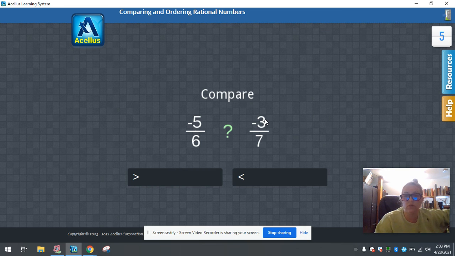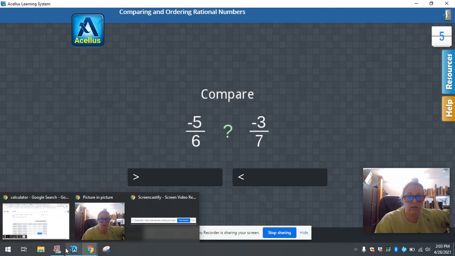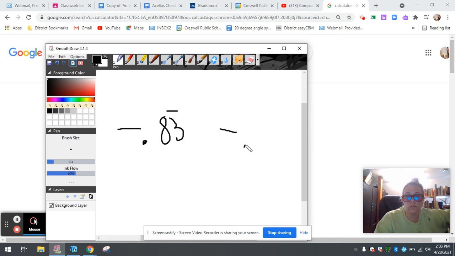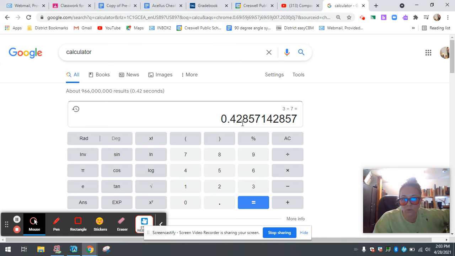Compared to 3/7. 0.42. So you'll notice I usually keep the first two digits after the decimal and not all these other ones because you don't have to.